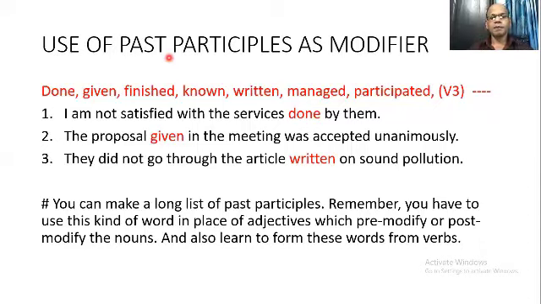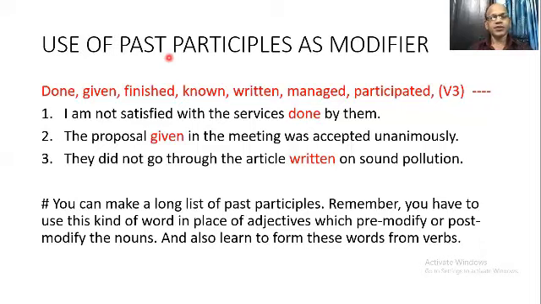We can make your list long, adding this kind of past participle. I mean V3, verb form 3, past participle form of the verbs. You can use them as modifiers. So look at the examples.